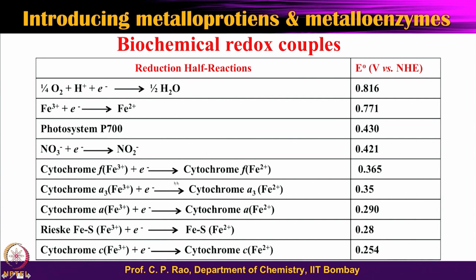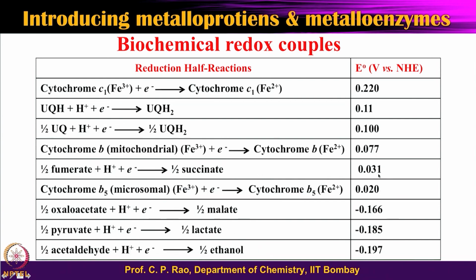So, a variety of cytochromes going from iron 3 to iron 2, they are all in the range of 0.36, 0.35, 0.29, 0.28, etc., cytochrome 0.25. So, you can see cytochromes C with little difference in range, it goes from 0.25 to around 0.35, 0.36 kind of a potential. And there are many other reactions which require positive reduction potential.